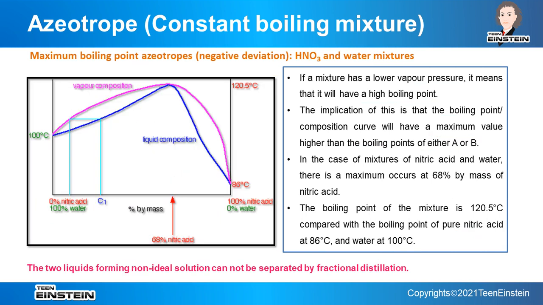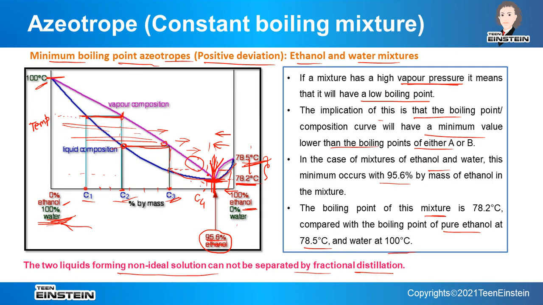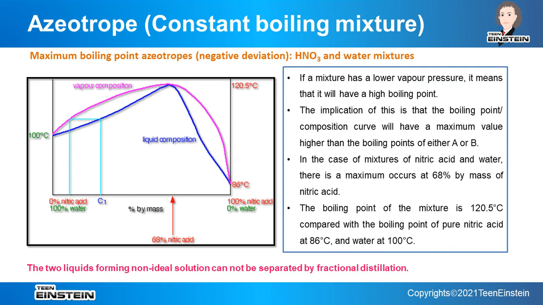Now for maximum boiling point azeotrope, which is basically negative deviation. So negative deviation means, just remember the vapor pressure composition curve, because this curve is temperature versus composition, but negative deviation is for the vapor pressure composition curve, vapor pressure versus mole fraction.